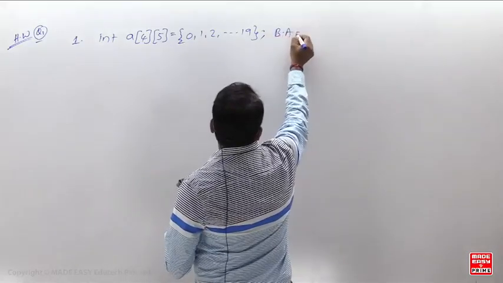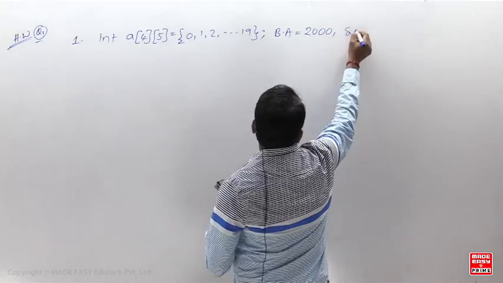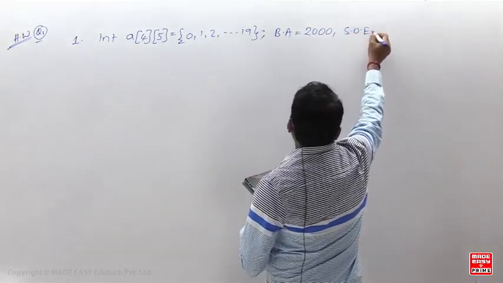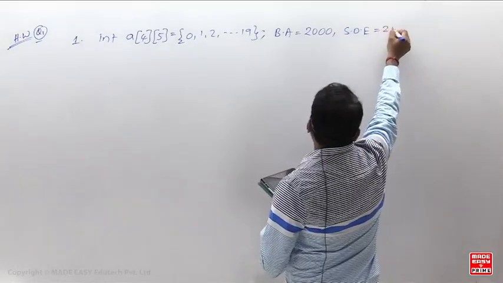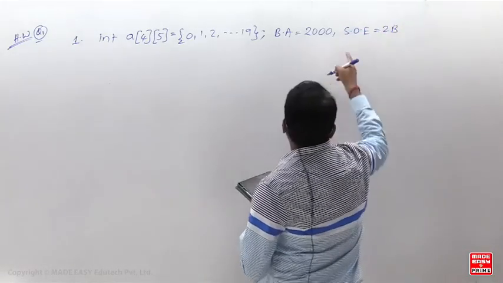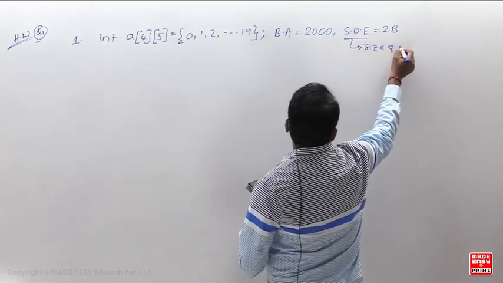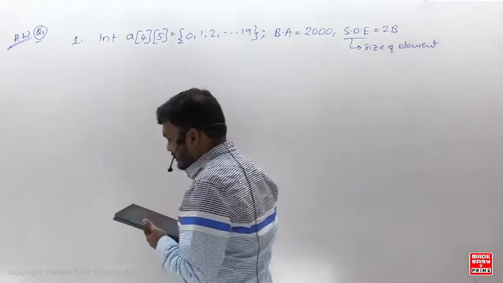Let us say the base address is 2000 and the size of each element is 2 bytes. Don't confuse this with the size of the array; the size of the element is 2 bytes.